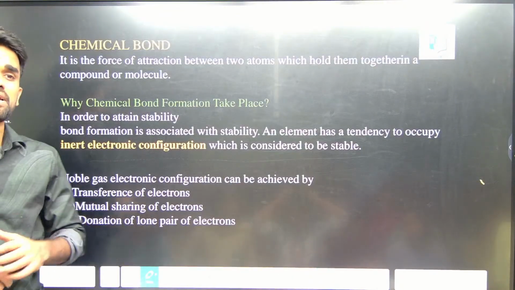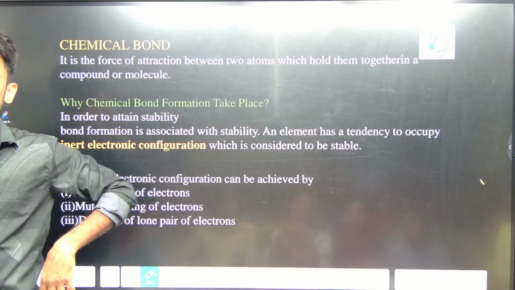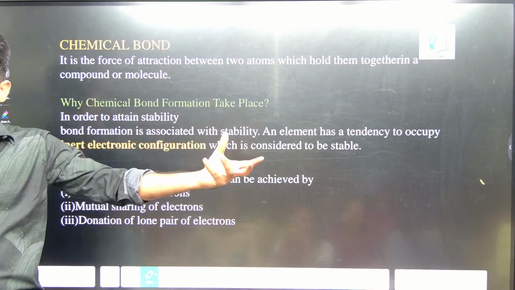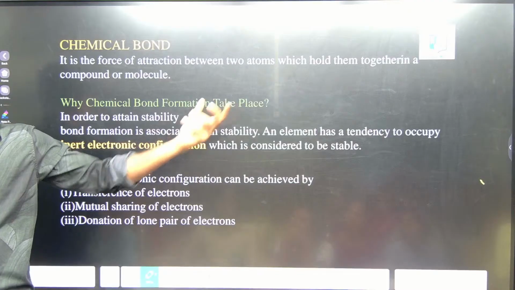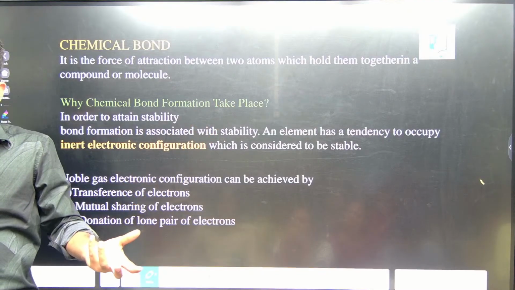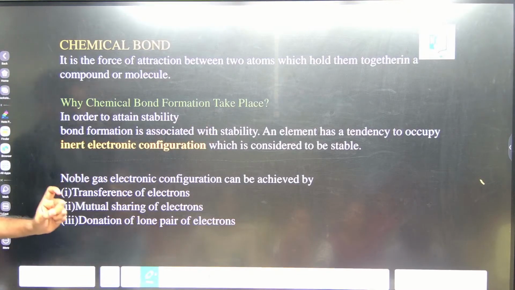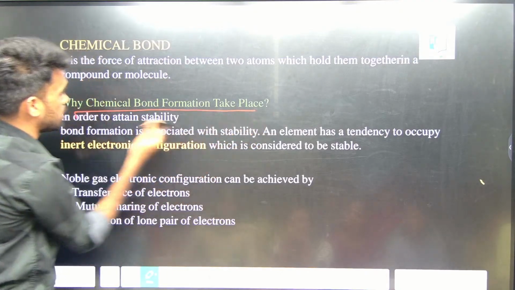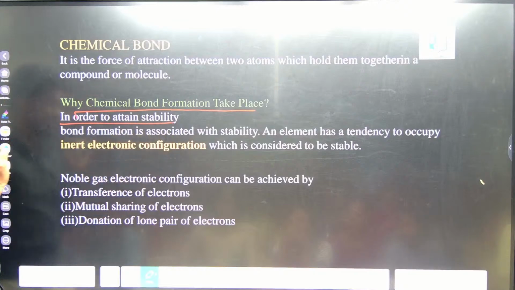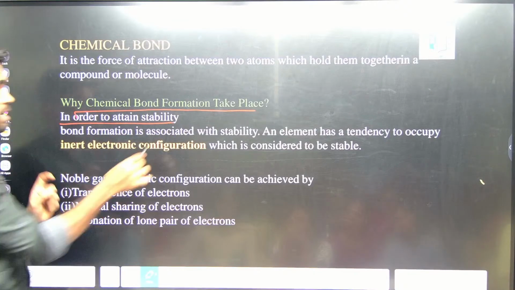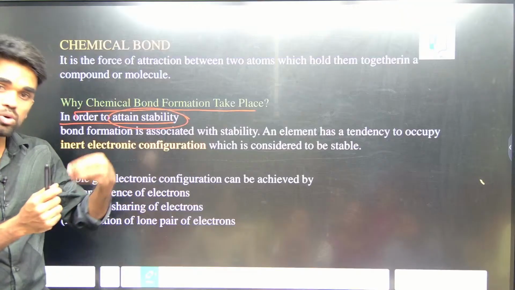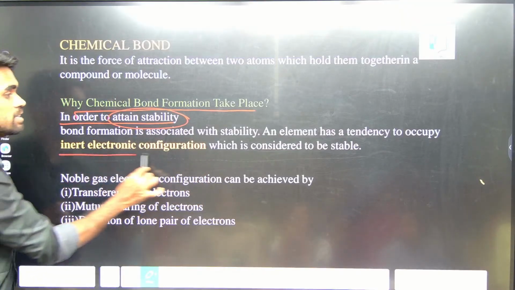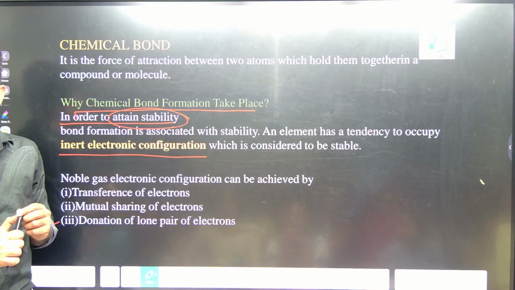What is the reason for chemical bond formation? We know from chemical reactions that molecules attain stability. So bond formation takes place to attain stability. This may happen by losing electrons or by gaining electrons. Finally, they will get the inert gas electronic configuration.